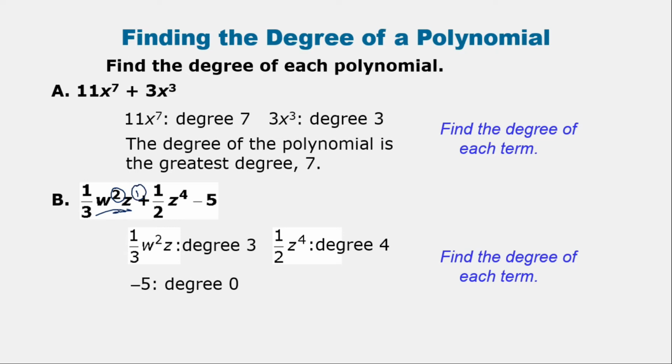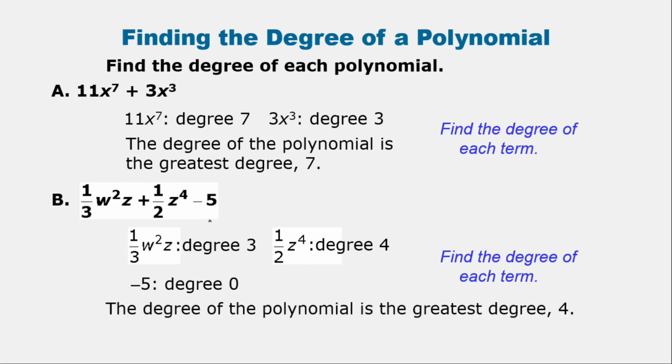So if it has two variables in one term, all you need to do is add the exponents of those variables. In this case, 2 plus 1 is equal to 3. That's why the degree of the first term is 3. The second term, 1/2 z raised to 4, has an exponent of 4. Therefore, the degree of it is 4. And 5 is 0. So the degree of this polynomial is the greatest degree, which is 4.